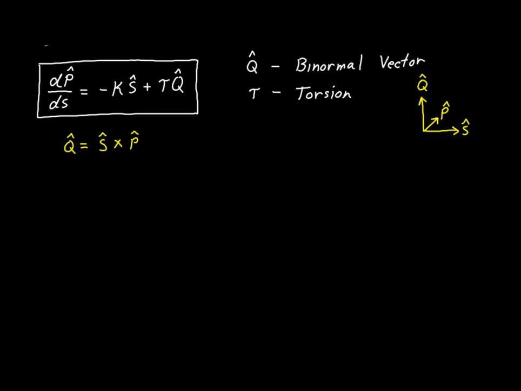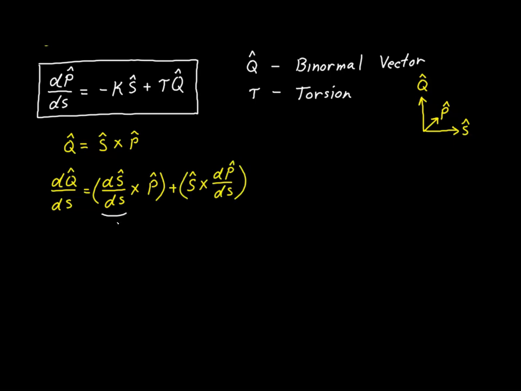Okay, so the next thing we want to do is to take the derivative of both sides of this expression with respect to s. And to do that, we're going to need to use the product rule over here on the right-hand side. Now, the product rule works for cross products exactly the same way it does for the dot product. Next, we want to replace this term with its equivalent as per the first Frenet formula.